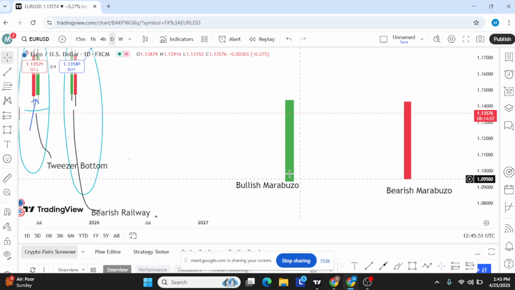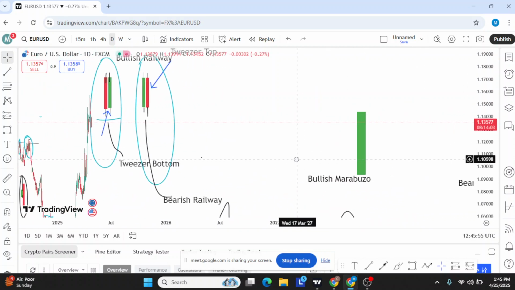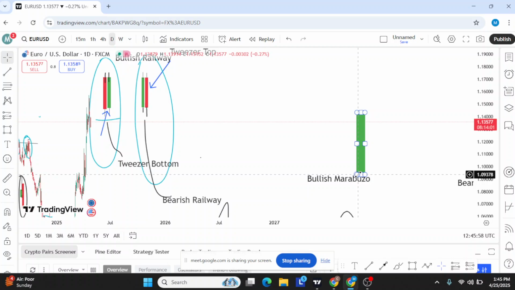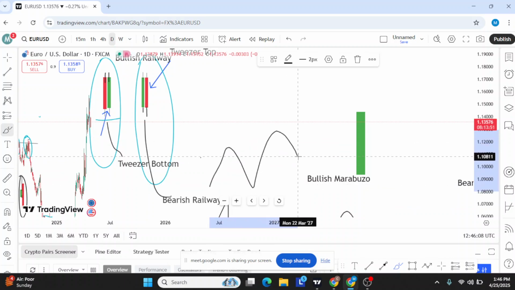And sometimes, if you are not using it as a reversal, you can also use it as a continuation. Continuation in the sense that in a bullish market that is going up, you spot a bullish Marabuzo.